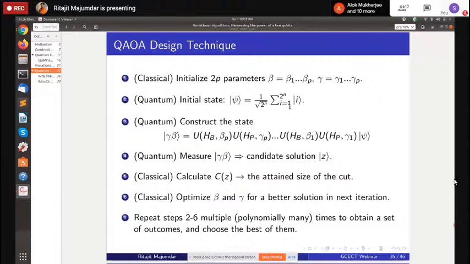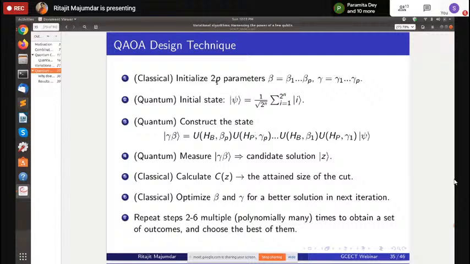Now you initialize the state, you construct this state, and then you measure the state. These are something you need to do in quantum because these use quantum principles and so must be done in a quantum computer. Now, when we come to measuring this state gamma beta, you need to do this measurement multiple times. By multiple times, we mean that you need to prepare this initial state again.